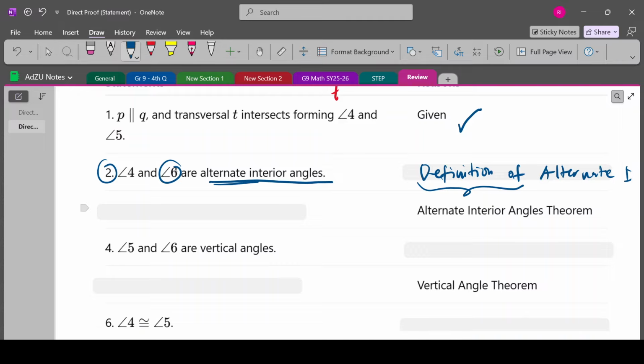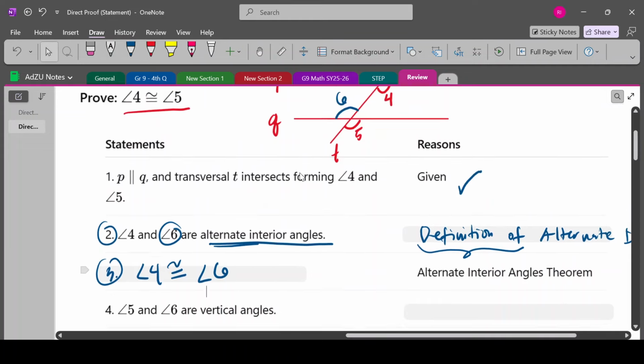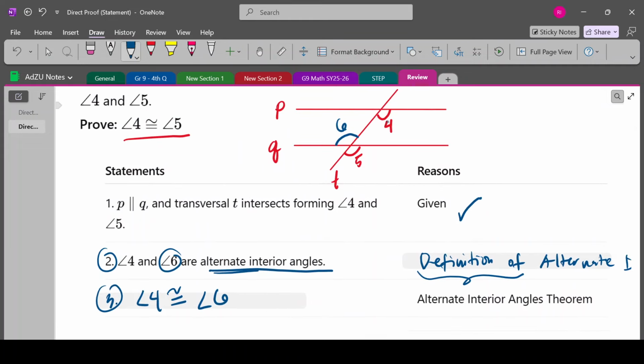Now, ang third number, what is our third? Alternate interior angle theorem. If I were to think that, angle 4 is congruent to angle 6, right? Makes sense. That angle 4 and angle 6 are congruent. They have the same measurement.